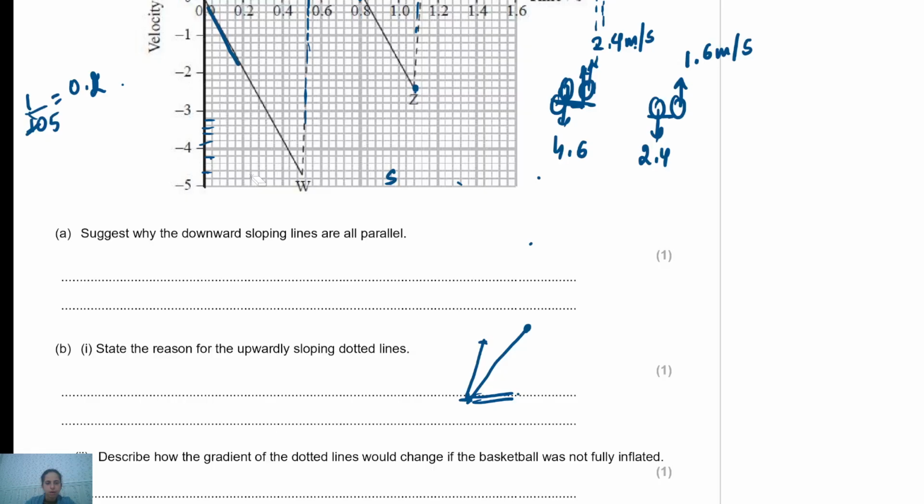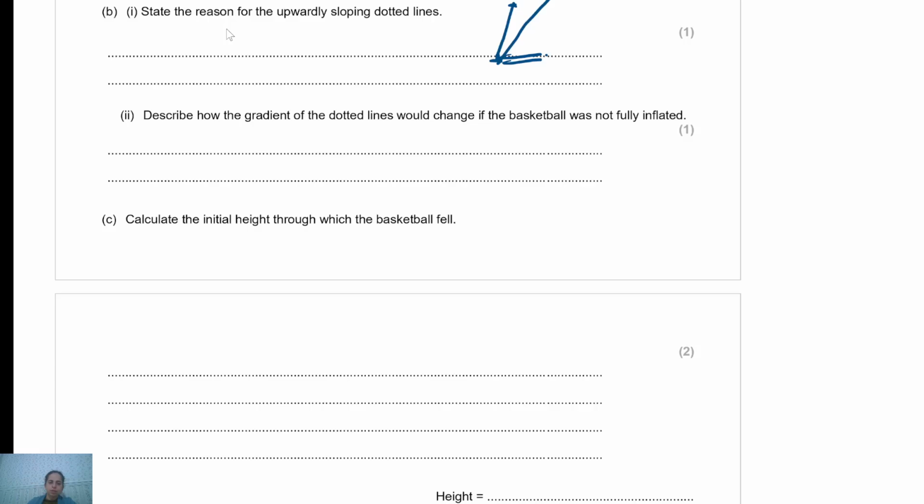Okay. Now where are we going? The final speed is 4.7 meters per second. It was dropped, so initial is 0. As you can see from the graph, the initial speed is 0 here. And you know the acceleration is 9.81. So I can just calculate using v squared equals u squared plus 2as: 4.7 squared equals 0 plus 2 times 9.81 times s.